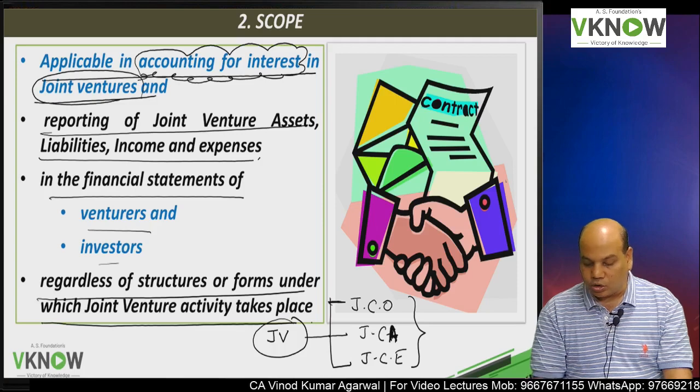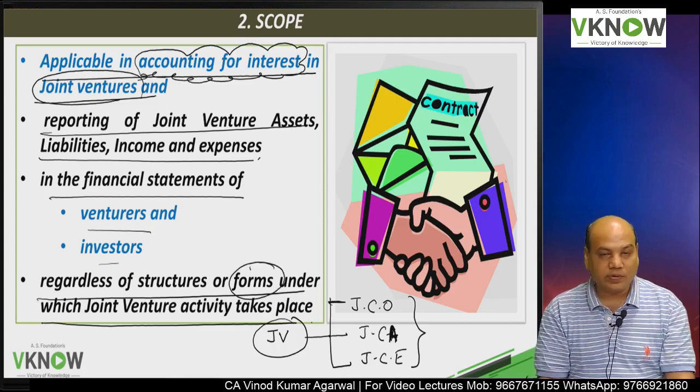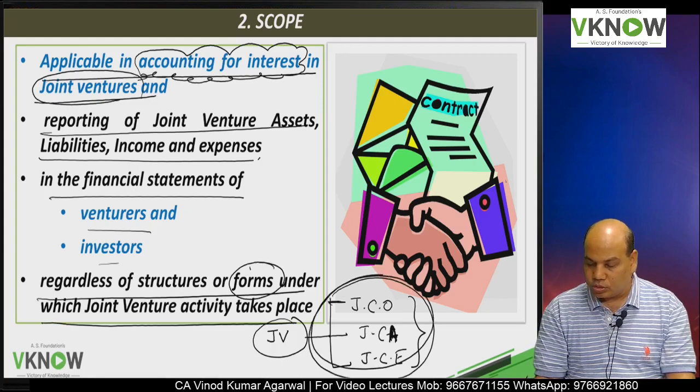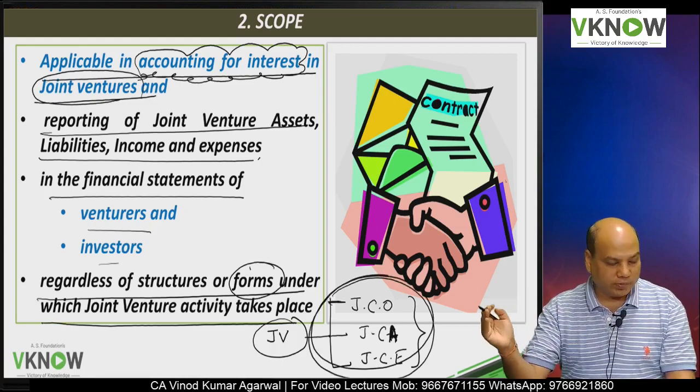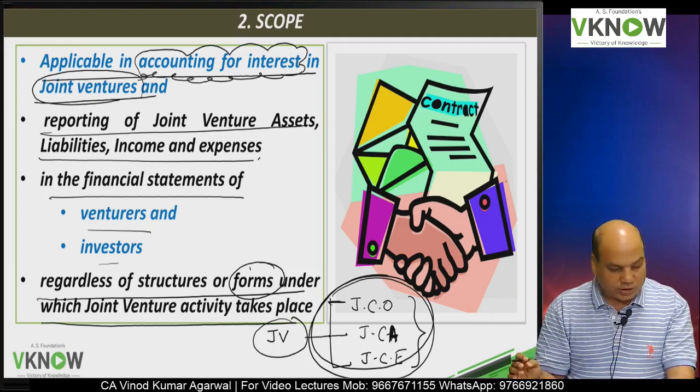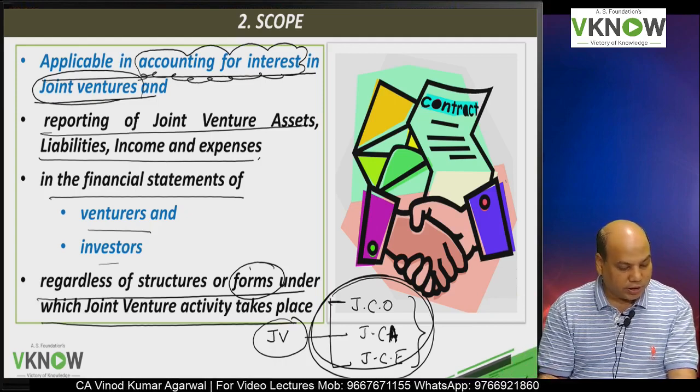So these three are called different forms of joint venture. AS27 is applicable to all forms of joint venture, whether it is JCO, JCA or JCE, jointly controlled entity.